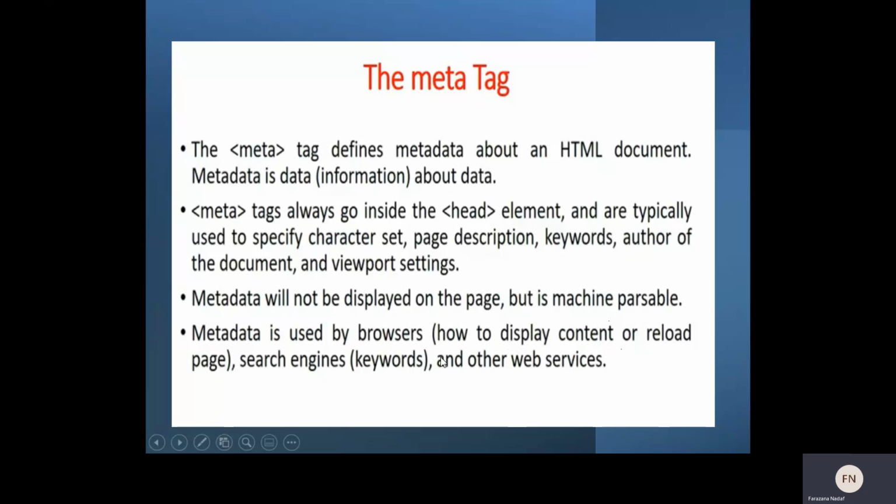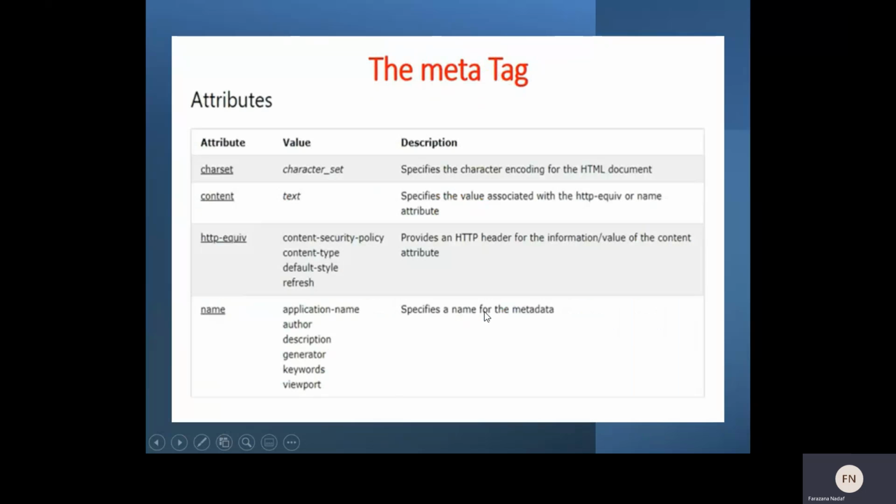Right? Then what are the attributes of a meta tag? A meta tag has four attributes: charset, content, http-equiv, and name. Here charset specifies the character encoding for the HTML document.